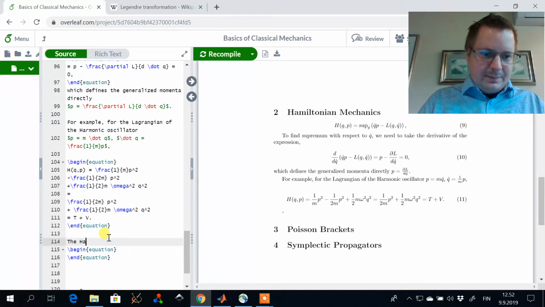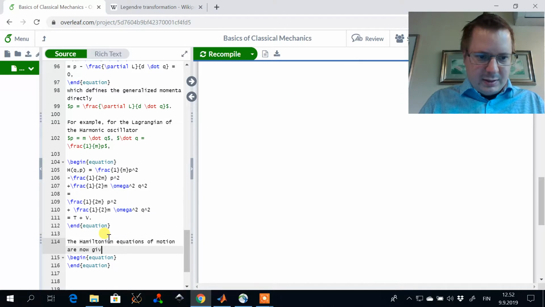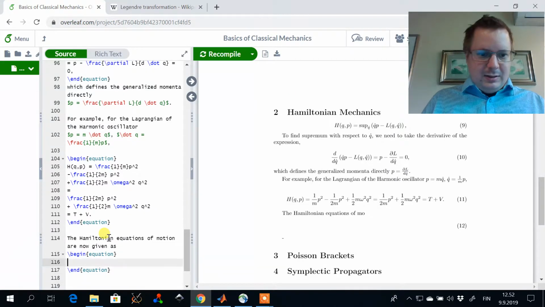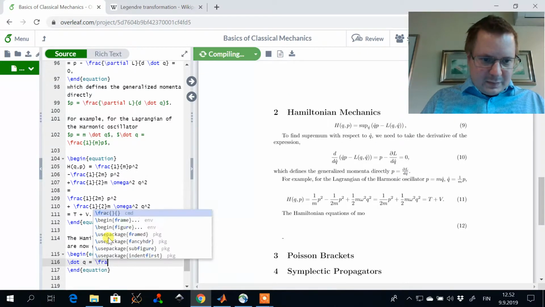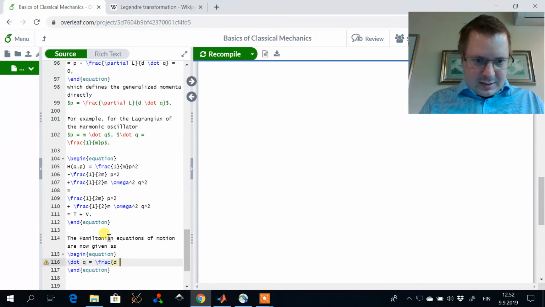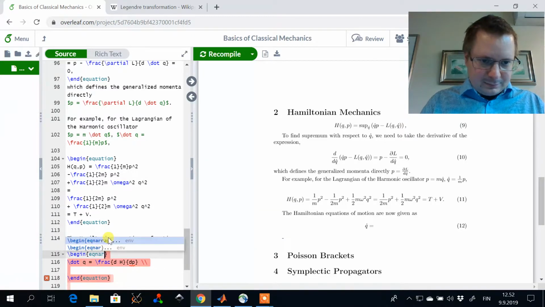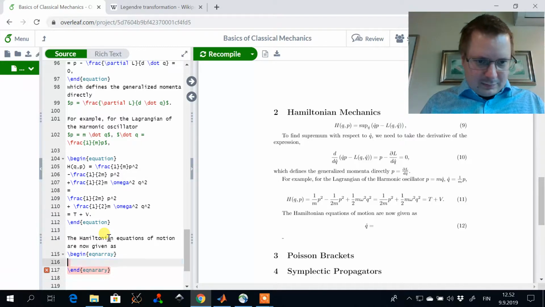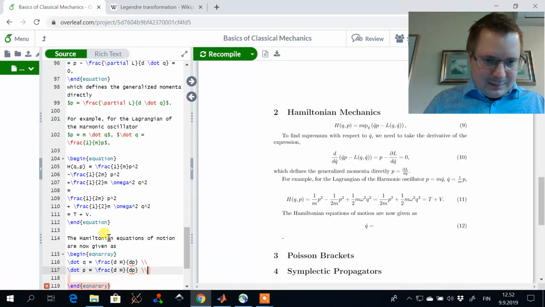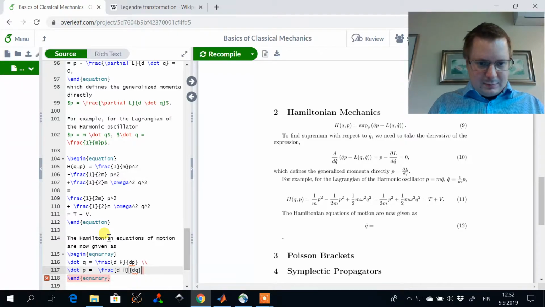So the Hamiltonian equations of motion are now given as: dot q equals the derivative of the Hamiltonian with respect to p, and then dot p equals minus the derivative of the Hamiltonian with respect to q, like so.